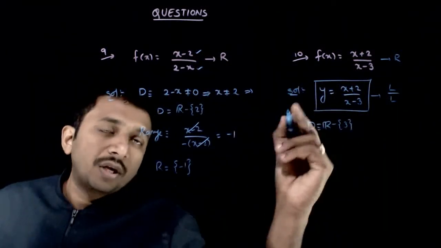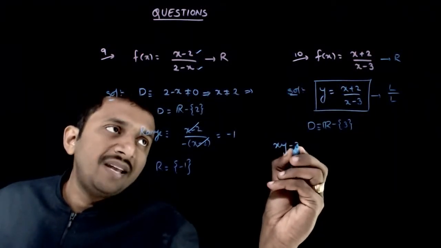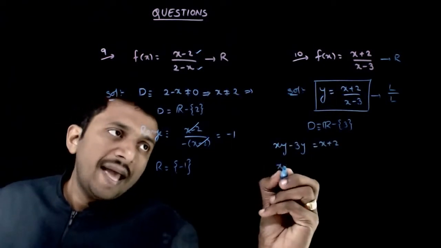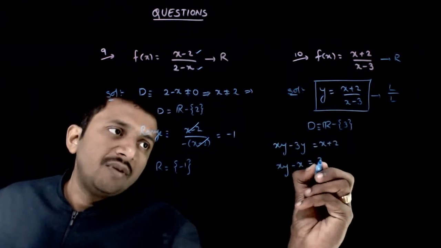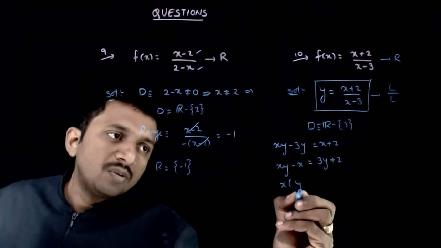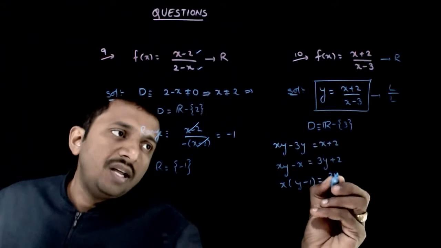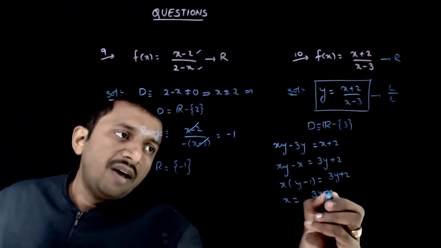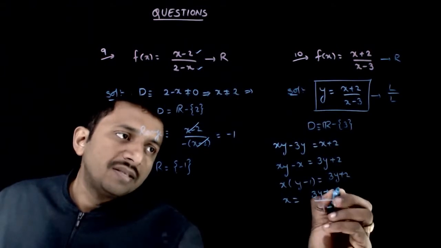That is, if you do the cross multiplication, xy minus 3y is equal to x plus 2. xy minus x is equal to 3y plus 2. x times (y minus 1) is equal to 3y plus 2. So x is equal to (3y plus 2) by (y minus 1).